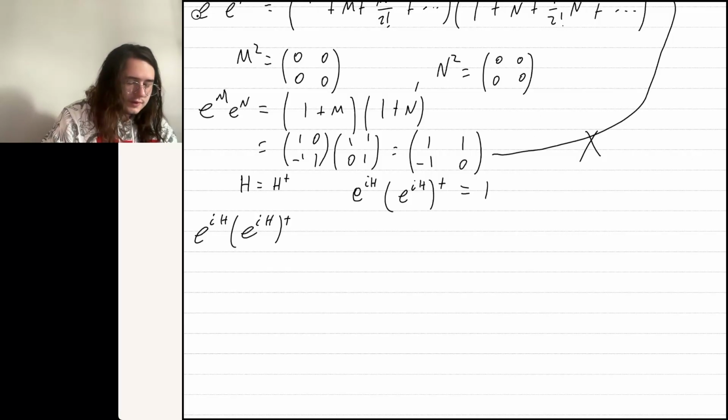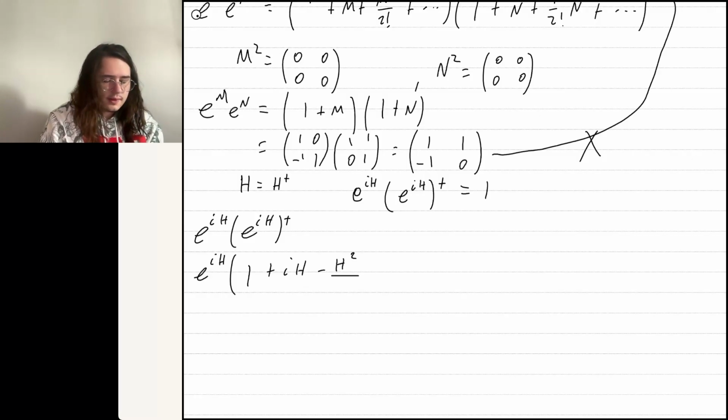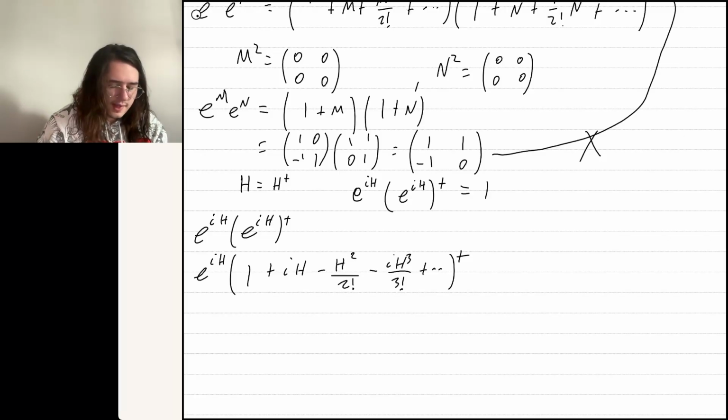Well, we can just do the Taylor expansion of e to the iH inside the dagger anyway, because I don't really care about the first term, it turns out. It's going to be the dagger of 1 plus iH minus H squared over 2 factorial minus iH cubed over 3 factorial and so on ad infinitum, and then you take the dagger of that.